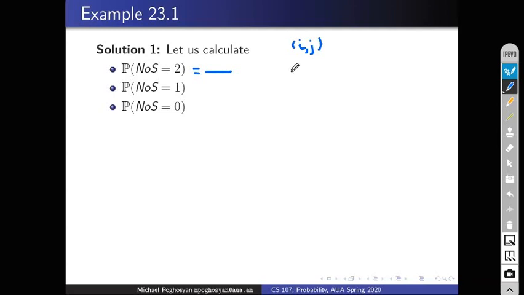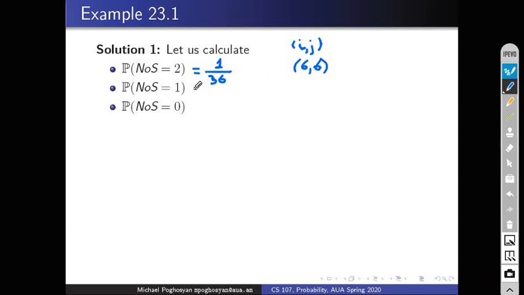Then we have the equiprobable case. The total number of cases is 36, and just one of them is favorable. The only favorable outcome is the pair 6, 6. So we have two 6s, the number of 6s is 2. So we have 1 over 36.